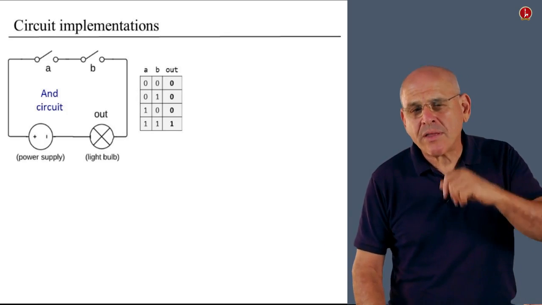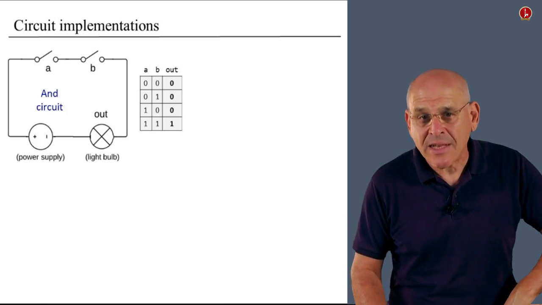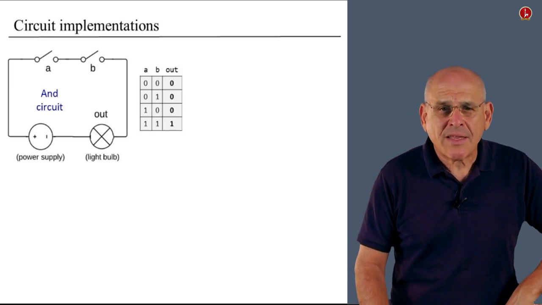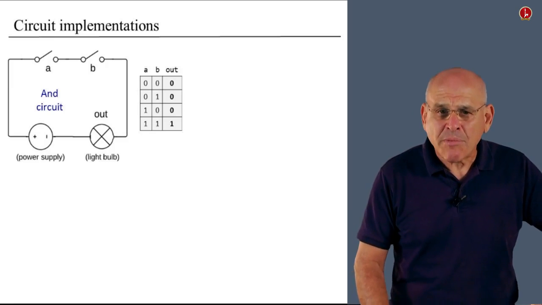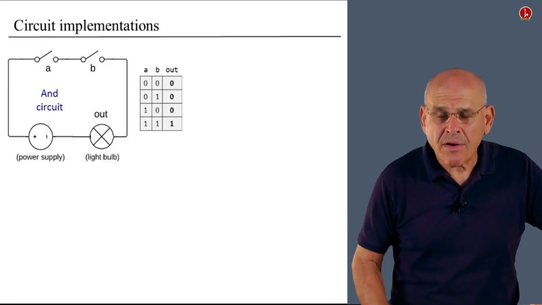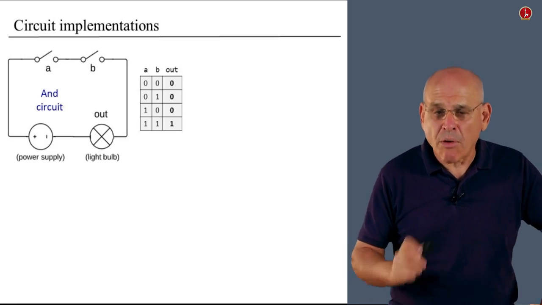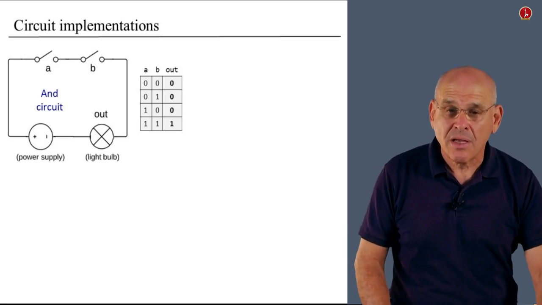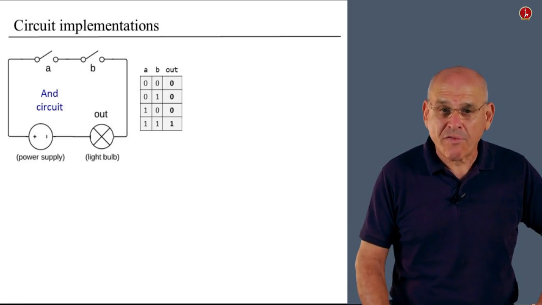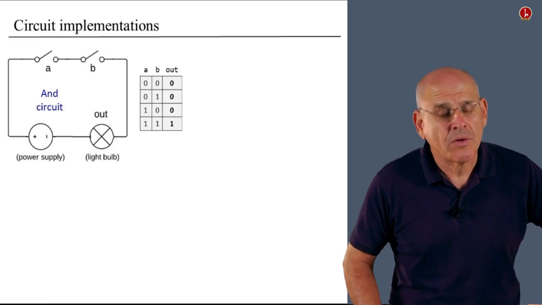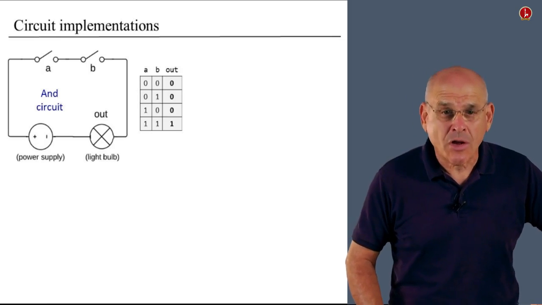So if we look at this implementation of an AND circuit, we see that because of the architecture of this circuit, the light bulb will be on only if the two relays, both relays, are latched. Under any other circumstance, the light bulb will go off. And that's exactly what I want to do when I represent the AND logic.